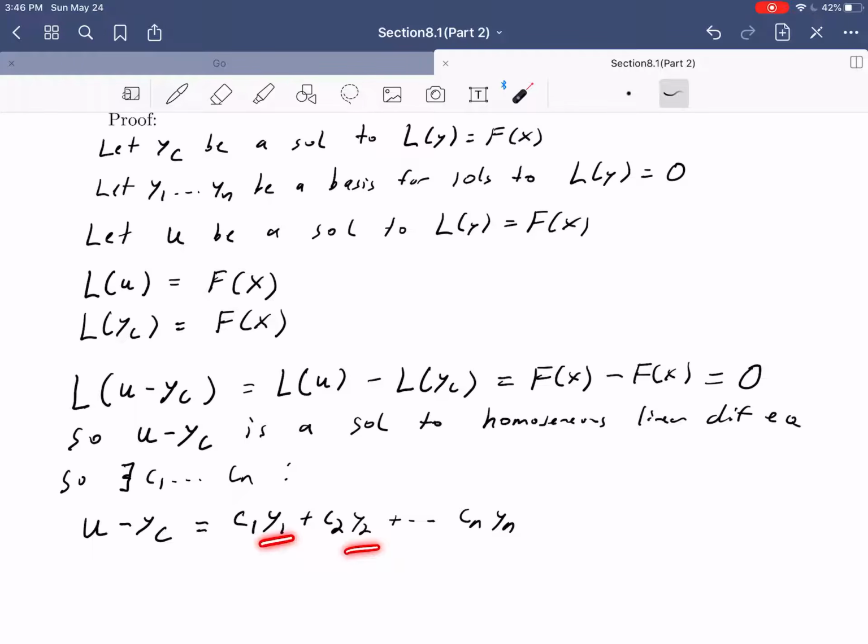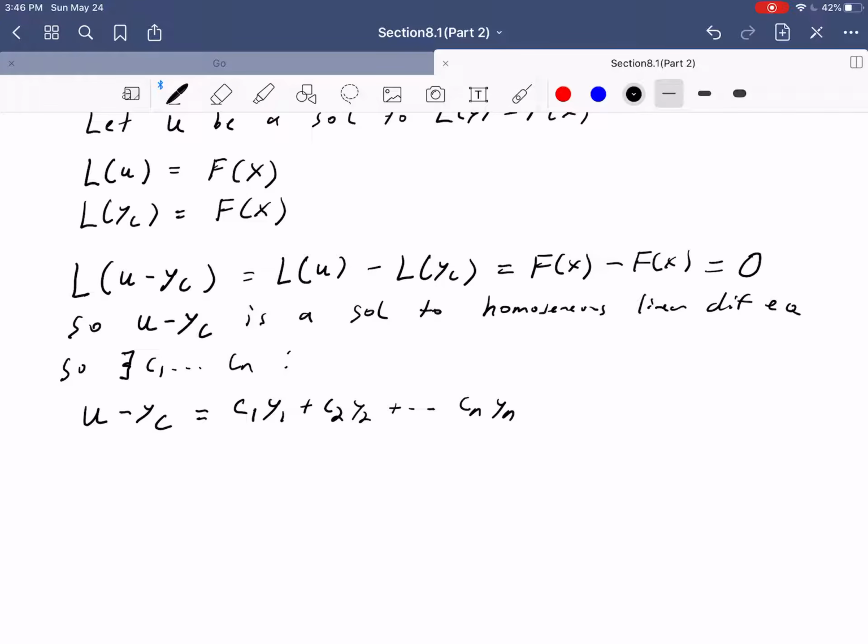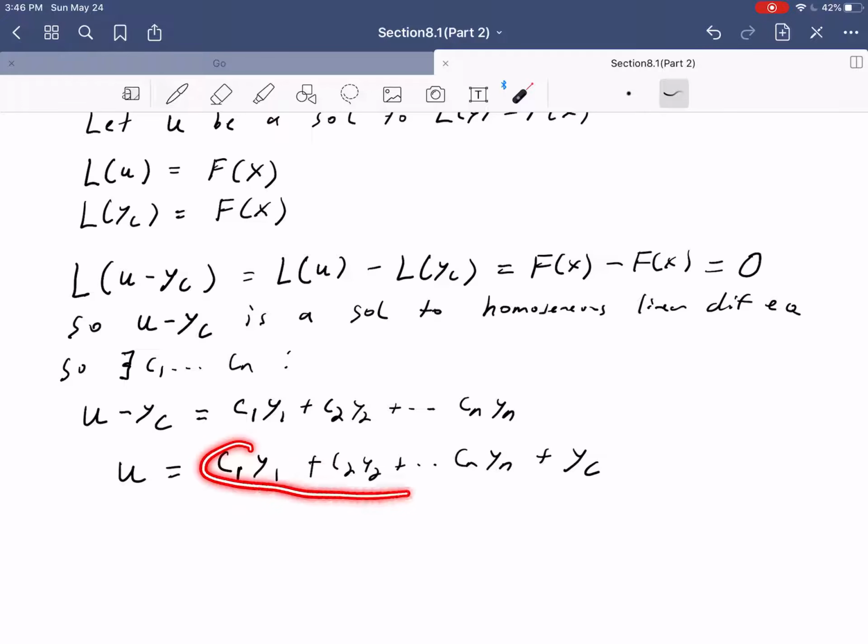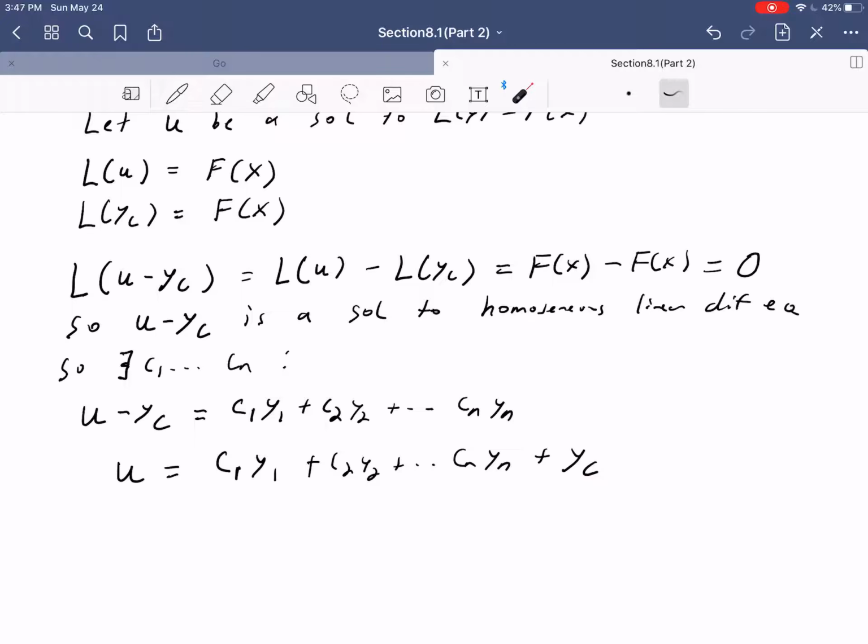Because y1 through yn form a basis, any solution to the homogeneous must be able to be written in terms of a linear combination of y1, y2 through yn. Now, very simply, move this guy over, and we can see here that any solution u to the non-homogeneous equation is some linear combination of solutions to the homogeneous plus a single solution to the non-homogeneous.